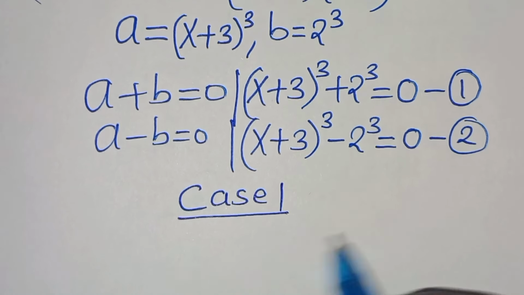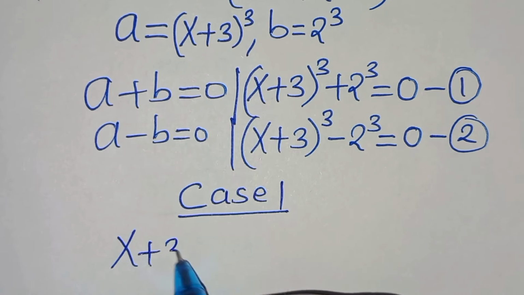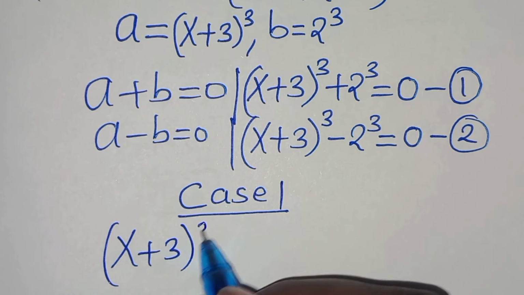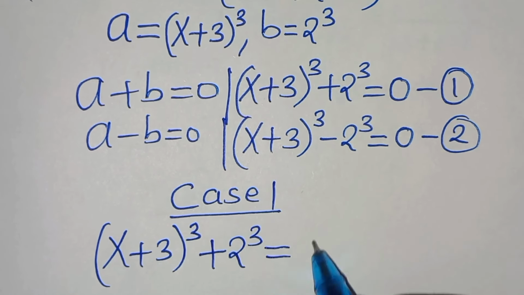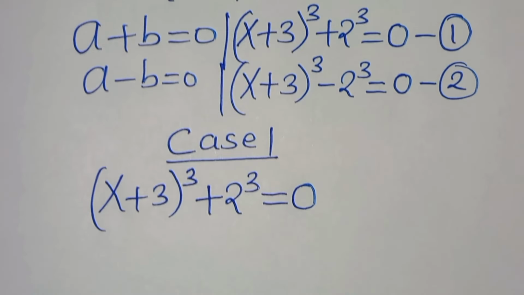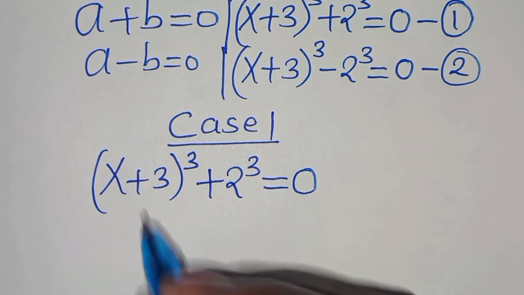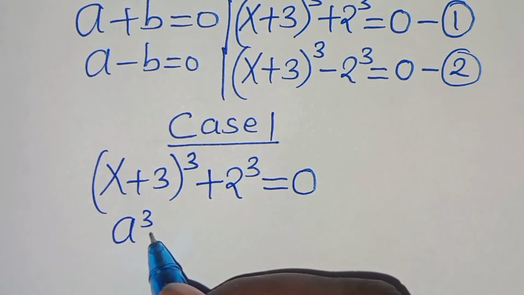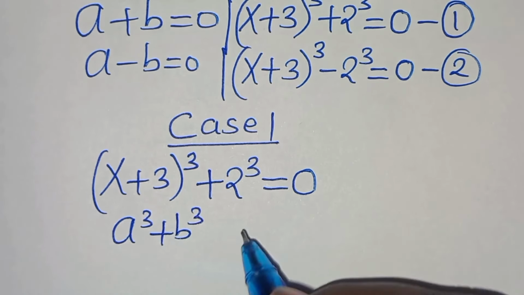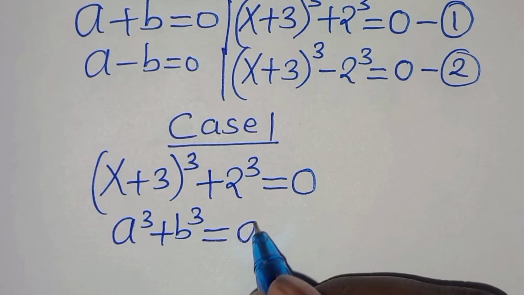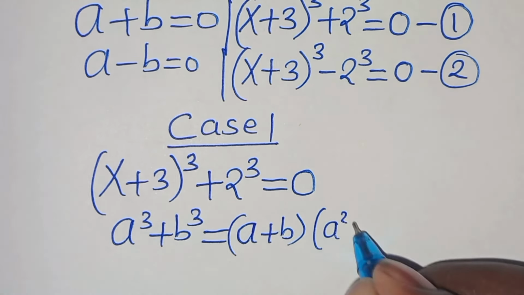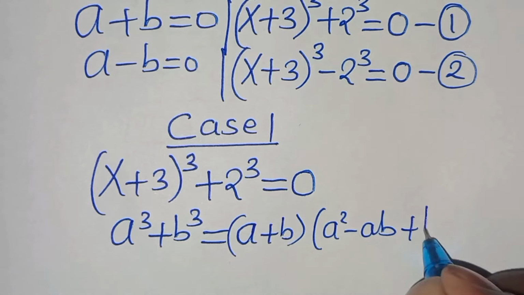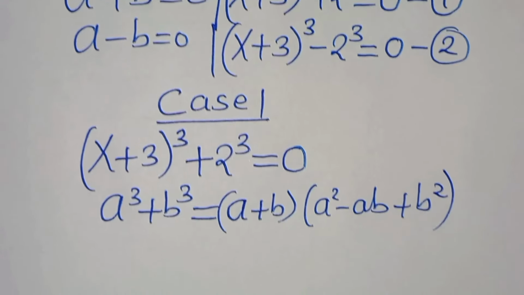Now, case 1 is (x + 3)^3 + 2^3 equal to 0. This is in the form of a^3 plus b^3, which is the sum of two cubes that we can express as (a + b)(a^2 - ab + b^2).